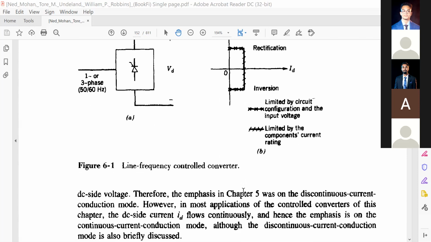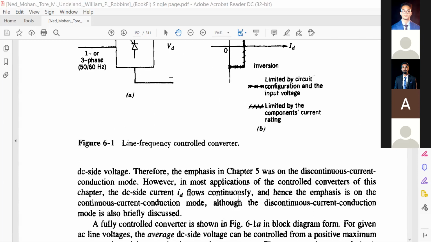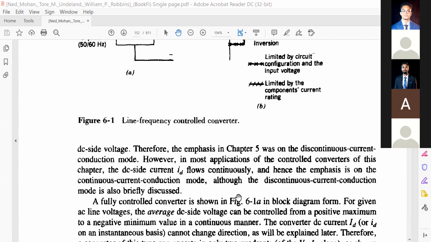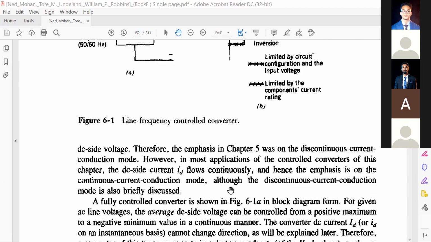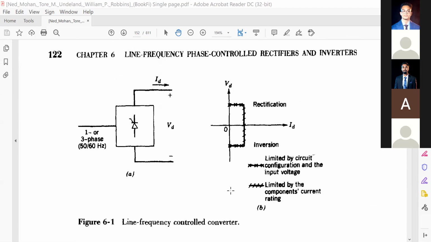Therefore, the emphasis in chapter 5 was on the discontinuous current conduction mode. So we have already discussed the discontinuous mode of operation in the diode rectifier, if you remember all this. So you had better read this introduction and try to understand what they are trying to say. Now we want to discuss something about figure 6.1.